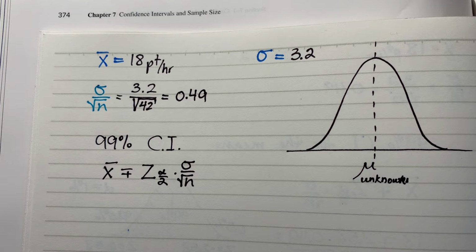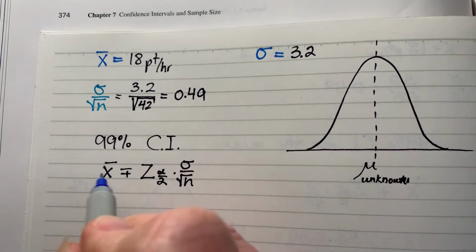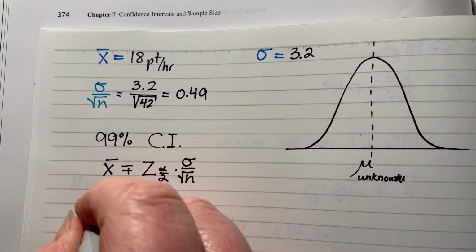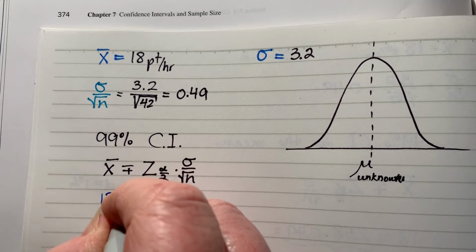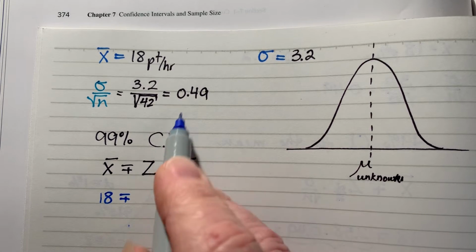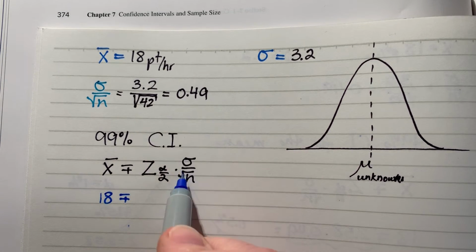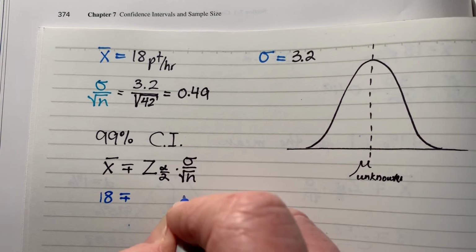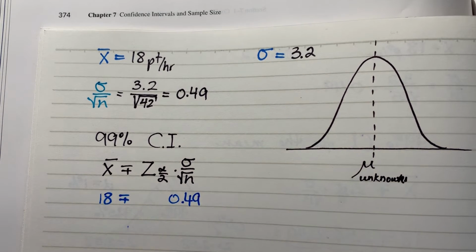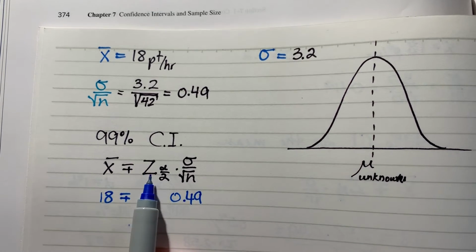We have almost everything, and the thing that we do not have, we are going to figure out from our z-chart. So our point estimate is 18 patients per hour. We know that. I also know the standard deviation of my statistic, 0.49. And now I have left to figure out the critical value.